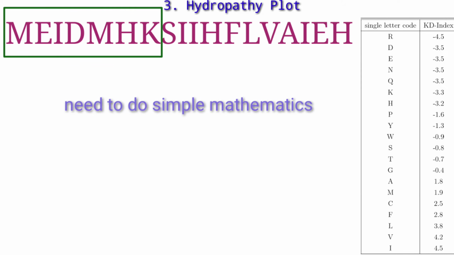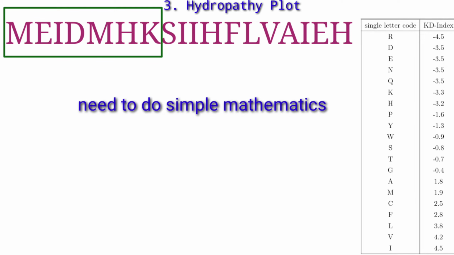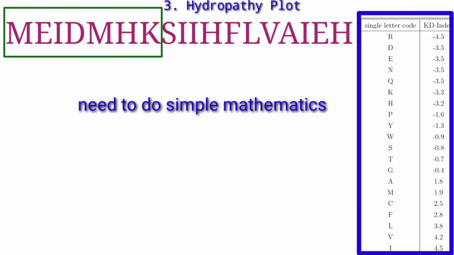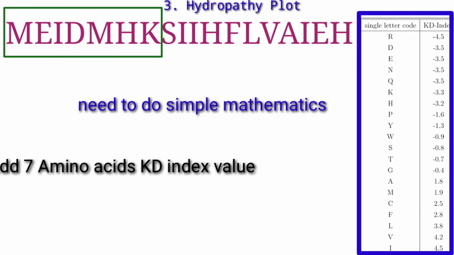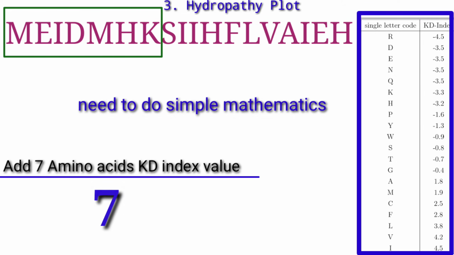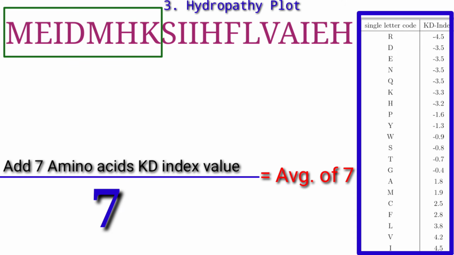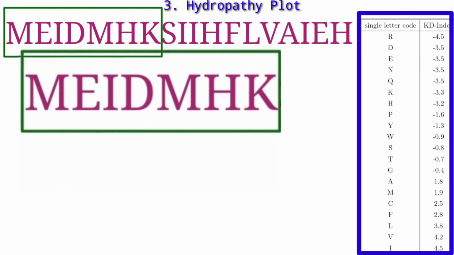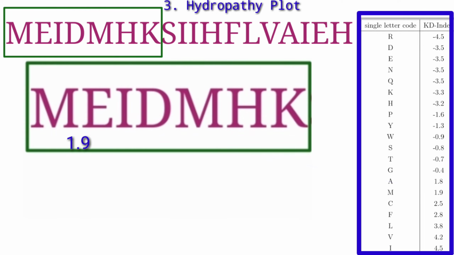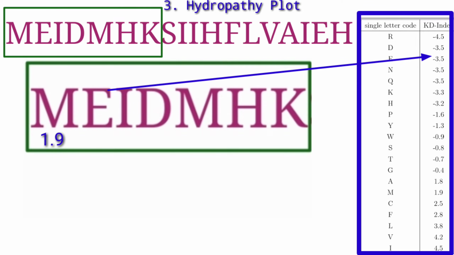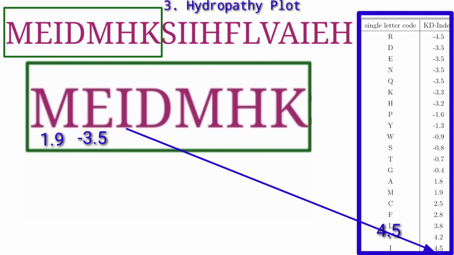So we have some simple mathematics to do. We need to look at the hydropathy index and write each amino acid's hydropathy index value below it. In this case, write the first amino acid's hydropathy index value, then add it to the second amino acid's hydropathy index value, and so on.